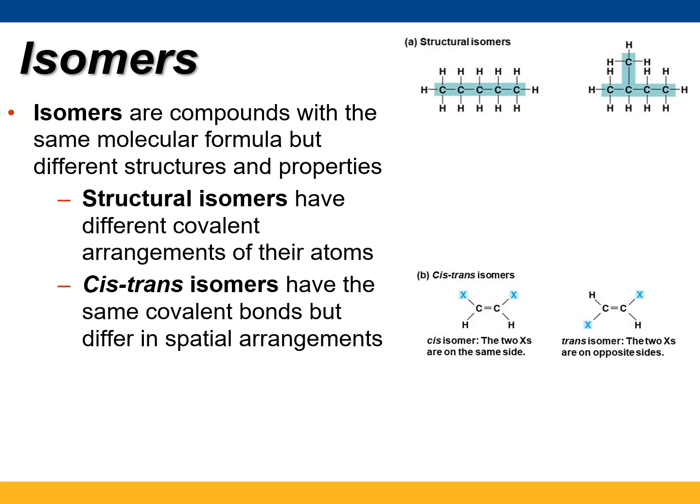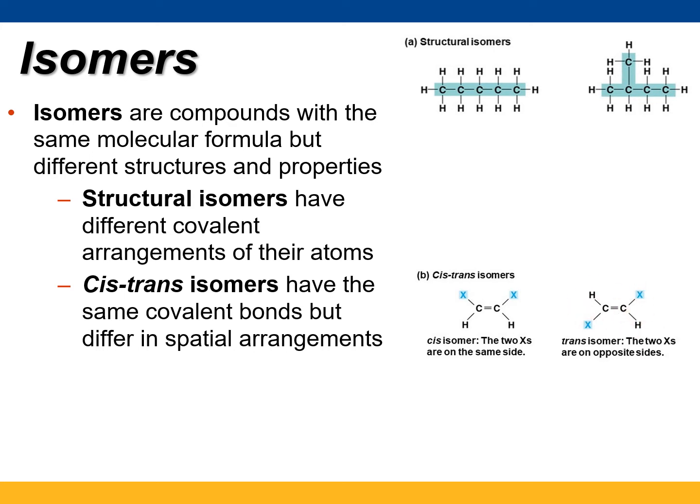So X and X, this is what we would call cis. Now, if I turn that sideways, I wish I could, I can't do it right now, you would see the letter C. Okay, that would be the letter C if we turned it the right way. Okay, that's a cis isomer. Over here, you notice the X's are on the opposite sides of the double bonds. This is called trans.